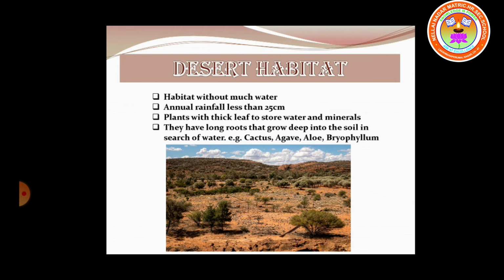Are you clear? These deserts cover at least 20% of the earth. The plants which grow in this habitat have thick leaves that are able to store water and minerals. So these plants are adapted to that dry situation.